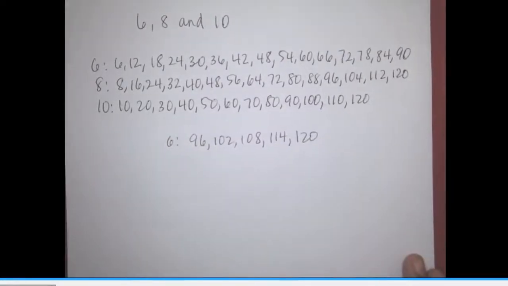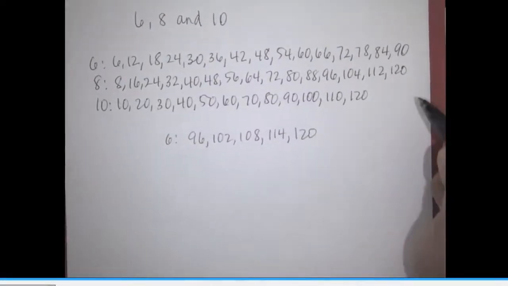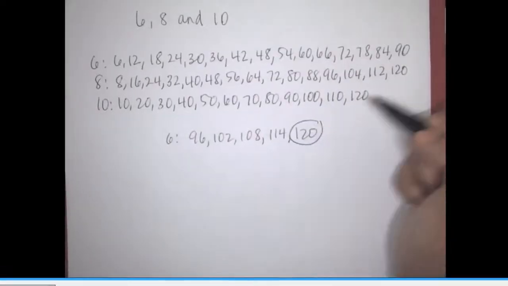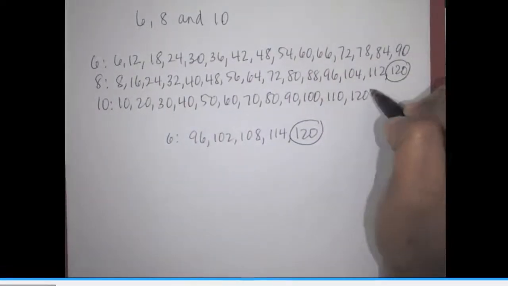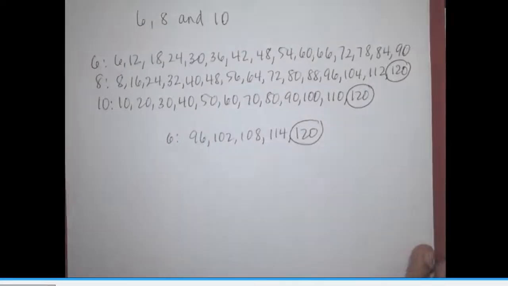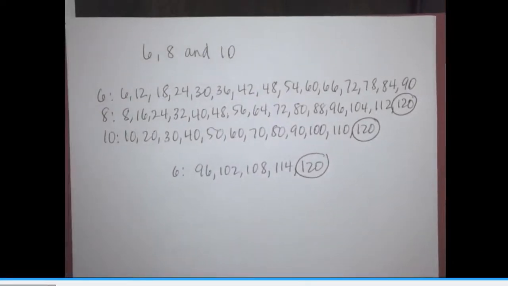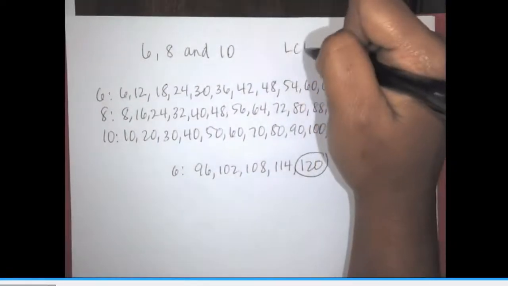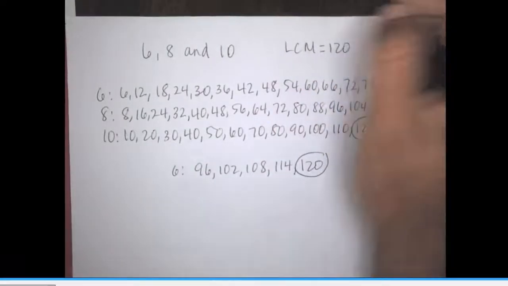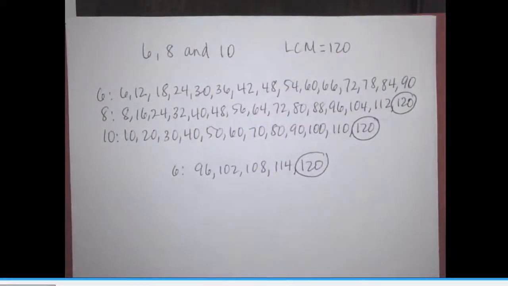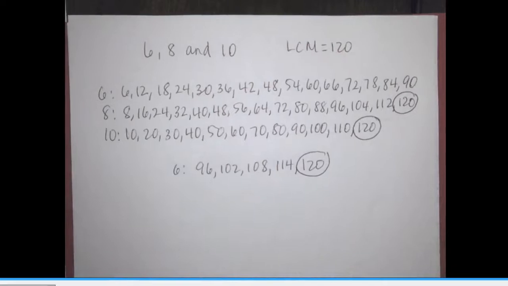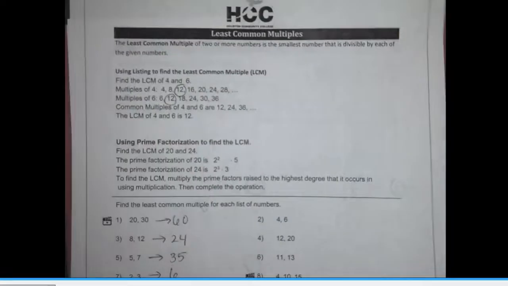So as you can see on this one, I notice that I have 120 here, 120 for the 8s, 120 for the 10s. So for this one, this is number 9. The LCM is 120.